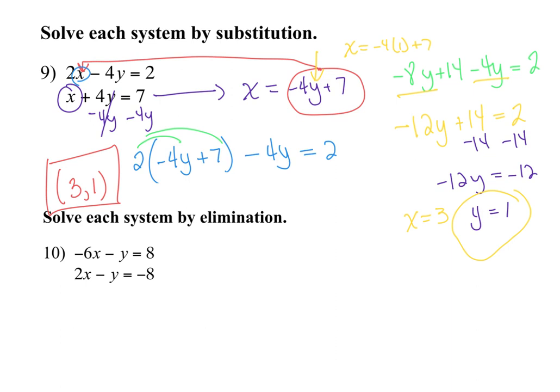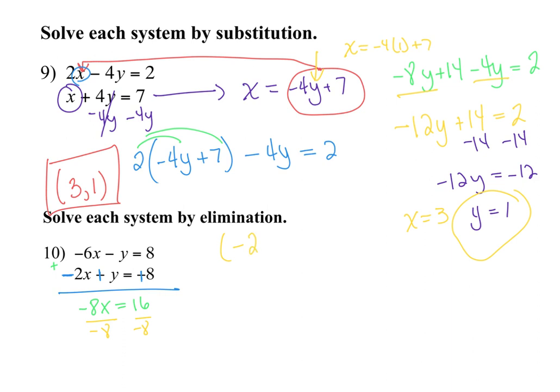And so I have to multiply everything on that second row by a negative, which means that 2 becomes negative, that y becomes positive, that 8 becomes positive. Now I'm ready to add down. Remember, this is also called solving by addition. Negative 6 and negative 2 gives me negative 8x's. 8 and 8 gives me 16. So my x value here, you hopefully got a negative 2.